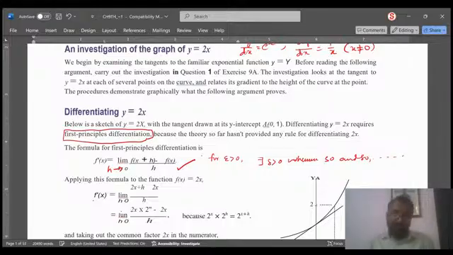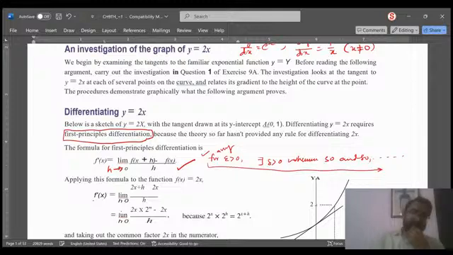This is more confusing. It's a limit definition, a core basic definition. But what we use is the first principle formula.